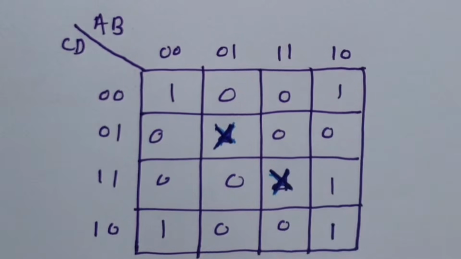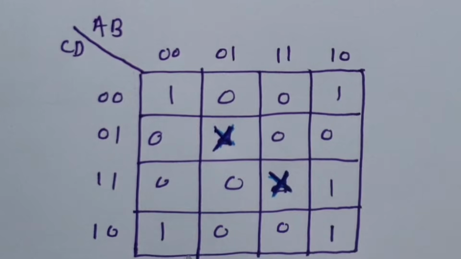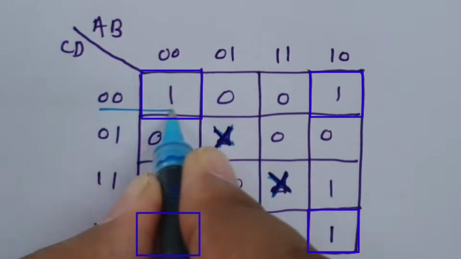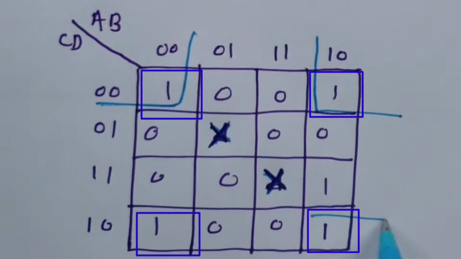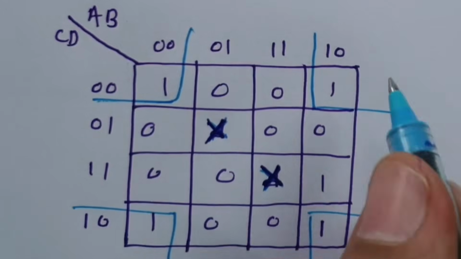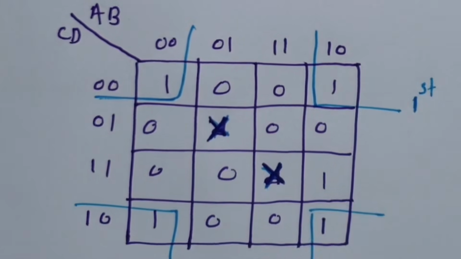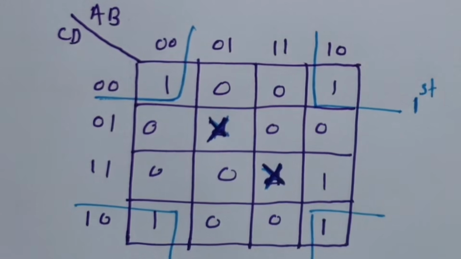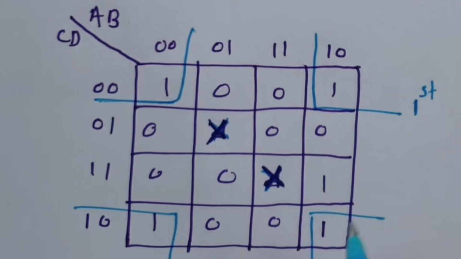If you observe these ones, based on the position of the ones, you can clearly see corner grouping is possible. So this is my first group, and that is a group of size 4 ones. Now only one is remaining.